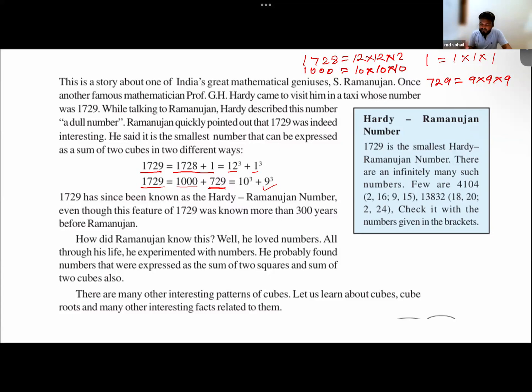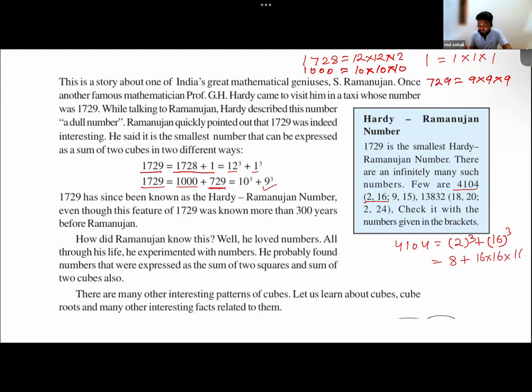Some other numbers which can be represented in a similar manner are 4104. It can be represented as the sum of the cubes of 2 and 16. Let's check it out. What is the cube of 2? It's 8. And what is the cube of 16? 16 multiplied by 16 multiplied by 16.